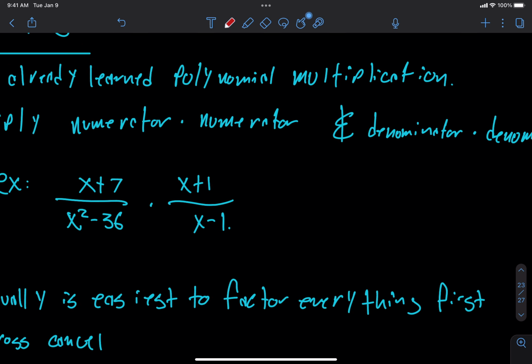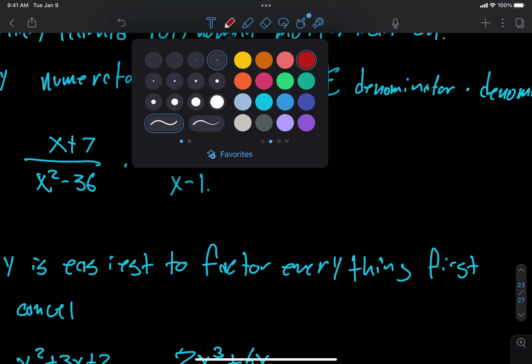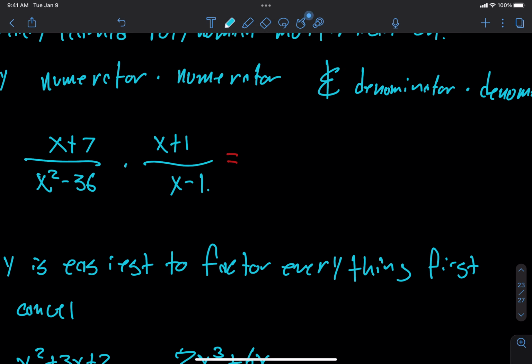So let's try it. What would we get if we did something like this? Well, we would multiply the top times the top and the bottom times the bottom. We would FOIL in both cases. So we would get x squared plus 7x plus 1x plus 7 in the top.